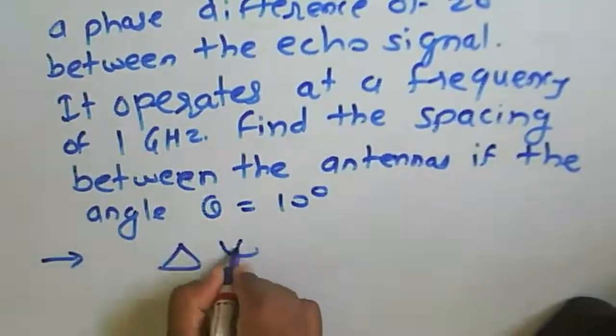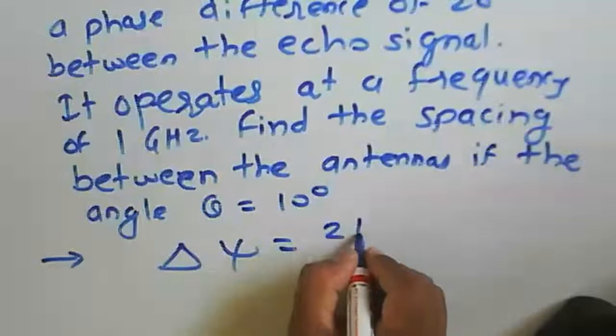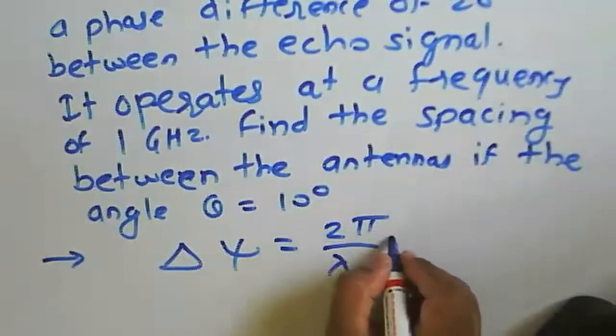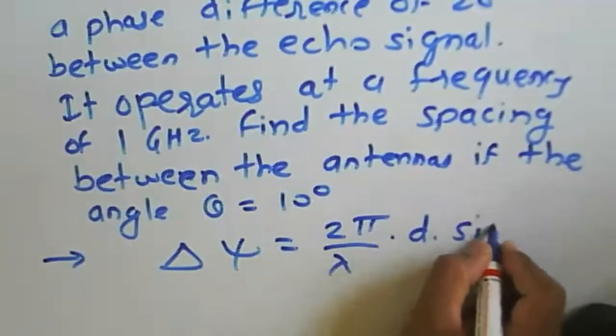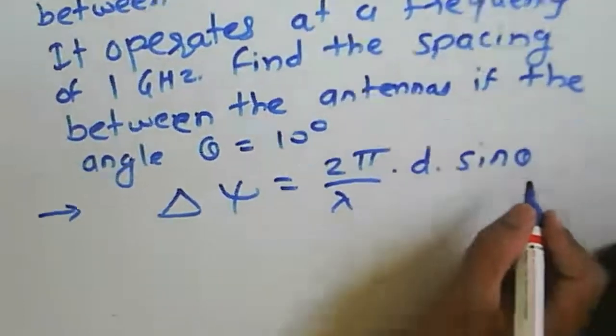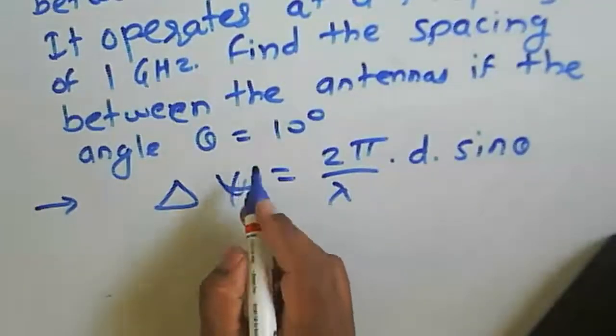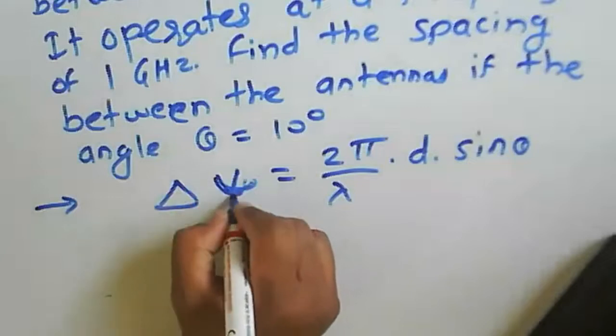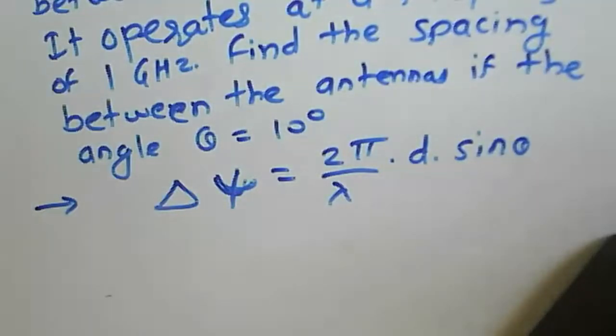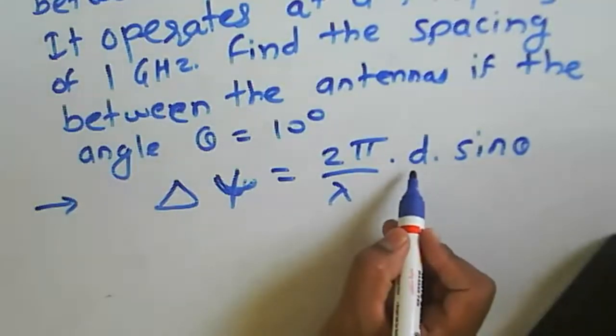Here we need to find Δψ equal to 2π/λ times d sin θ. Theta is given, and the phase difference Δψ is given. Our aim is to find the value of d.